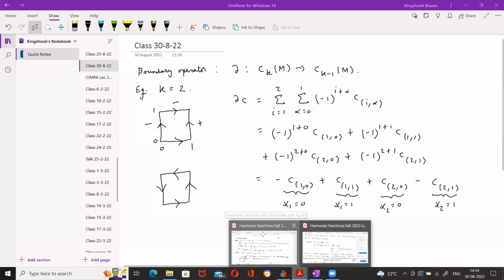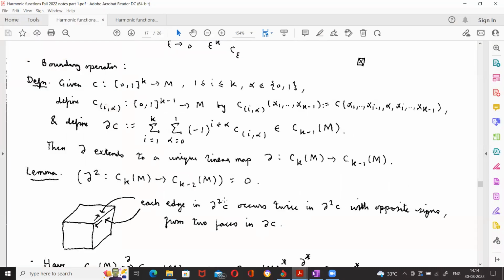And the main property that this satisfies is that the boundary of the boundary is 0. Okay. So if I apply the boundary operator twice, then I get a linear map from k chains to k minus 2 chains, right? This linear map is equal to 0. I'm not going to prove this, but I've just drawn a picture here to show you, for example, what happens in 3 dimensions.